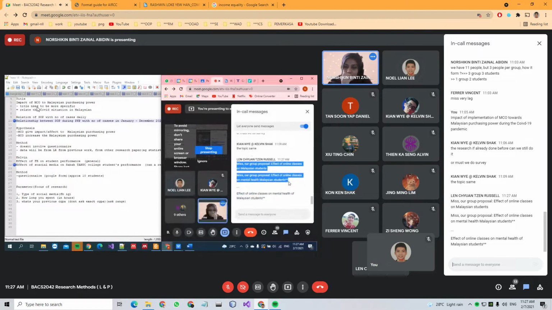Like, not relation, but compare the SOP in different types of MCO. You mean the effectiveness of the SOP? Oh, you want to see the effectiveness of the SOP in different places, is that what you're trying to say?